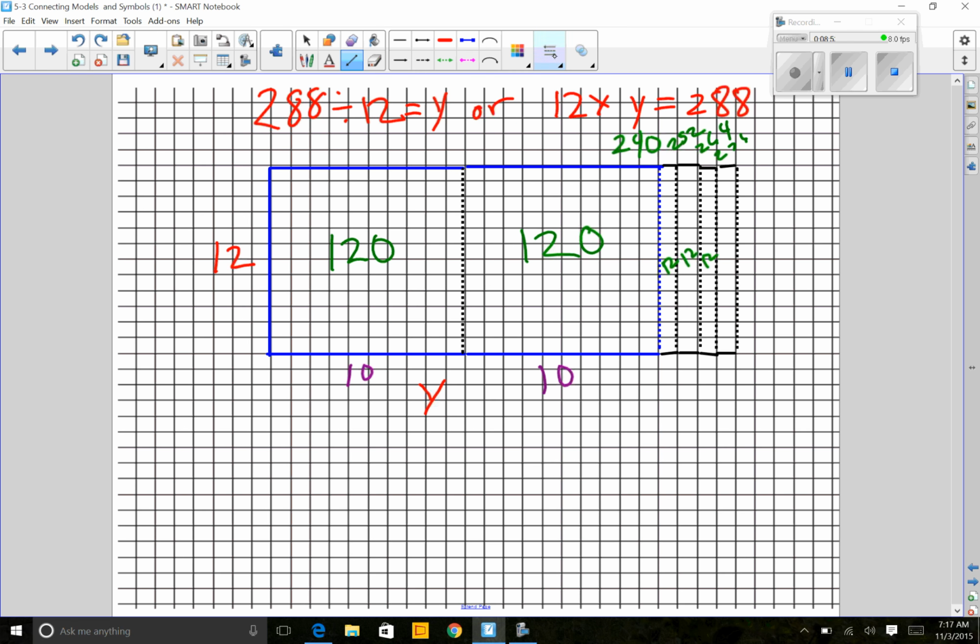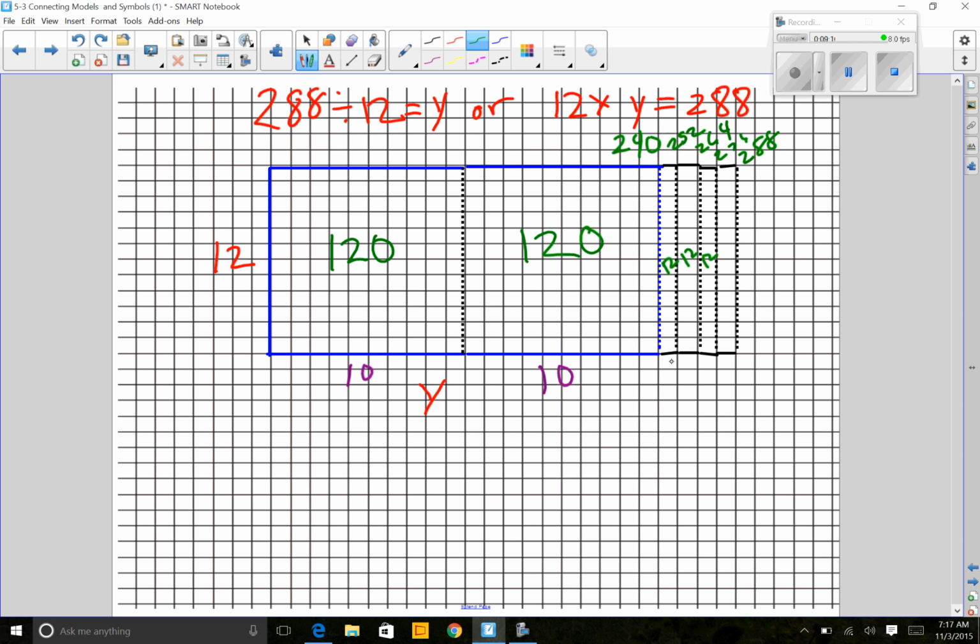And now we're finally at 288. Because we were at 240, plus 12 was 252, plus 12 was 264, plus 12 was 276, plus 12 was 288. So if I counted up all these squares, which I'm not going to do because it would take forever, this is already 10 minutes, I would have 288.